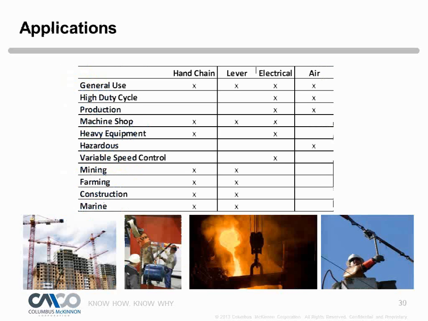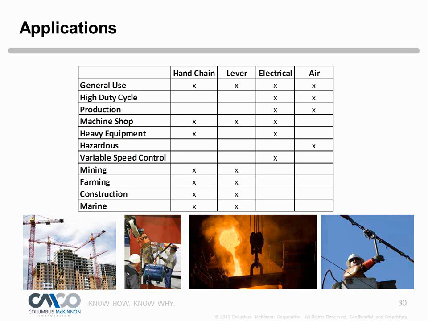And here is just kind of a chart where some of these apply and where they would work better. Obviously, all general use, you see them all checked off. High duty cycles, we're going to go with electric or air hoist, and it extremely exceeds that. Again, that H4 rating, we're probably going to end up with an air hoist, or have to do something special with the electric hoist. Production type lifts, electric and air, machine shops. You're going to generally see the hand lever or electric. Hazardous locations, we talked about that.